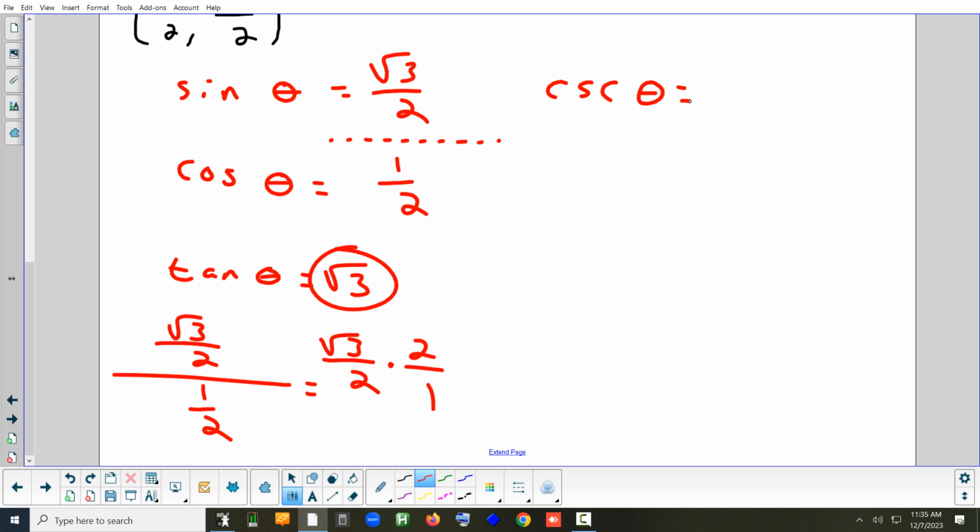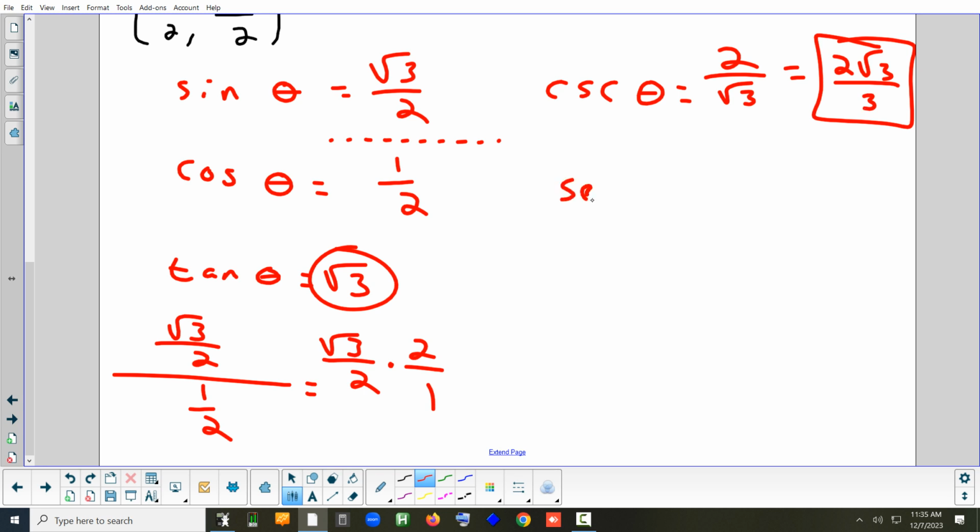Just flip it. 2 over the square root of 3. But when you fix that, how does it look once you rationalize it? We can't leave it as 2 over the square root of 3. Yep, you multiply by square root of 3 over square root of 3, and what will you get? 2 square root of 3 over 3. Perfect.